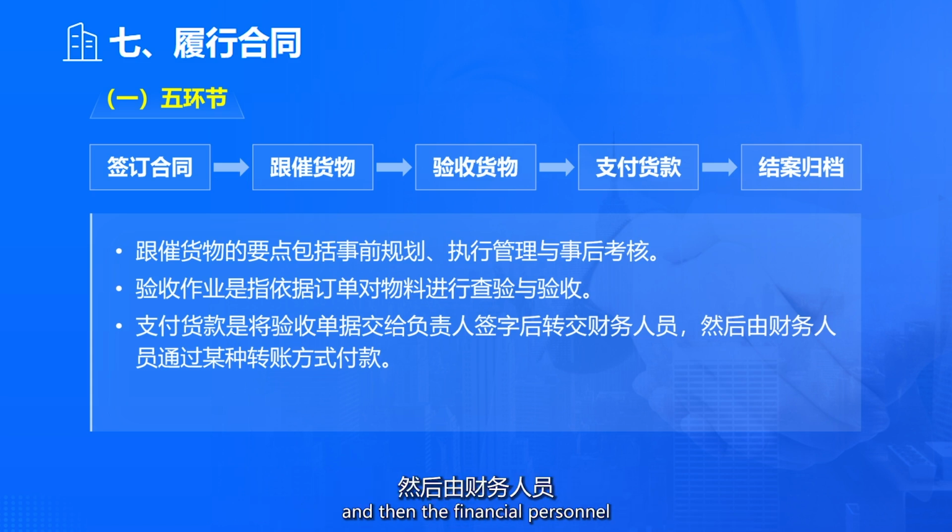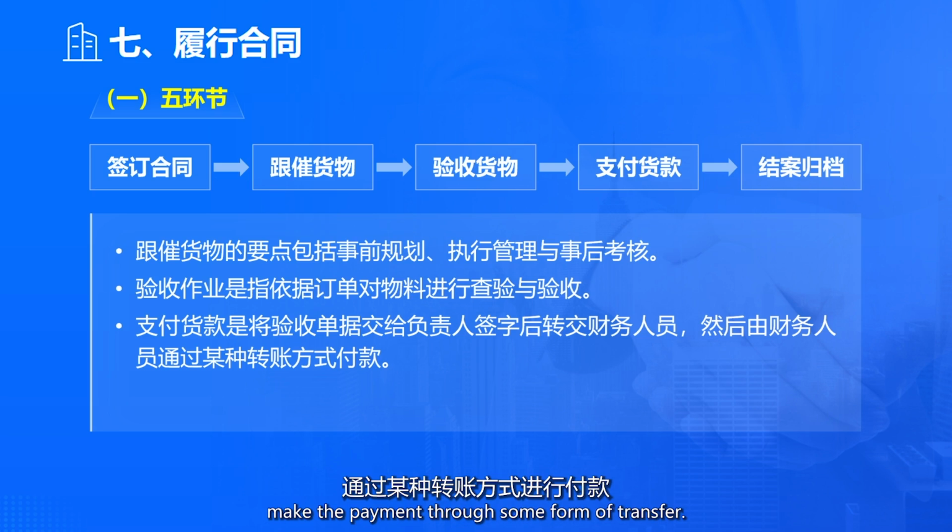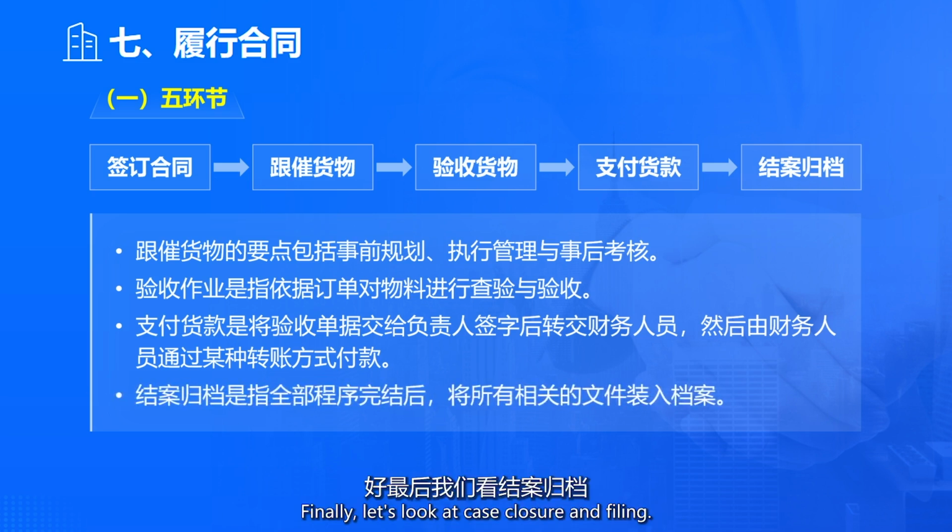And then the financial personnel make the payment through some form of transfer. Finally, let's look at case closure and filing. It refers to, after all procedures are completed, putting all relevant documents into the archive. This concludes the 5 stages of fulfilling the contract, an important part of the process.